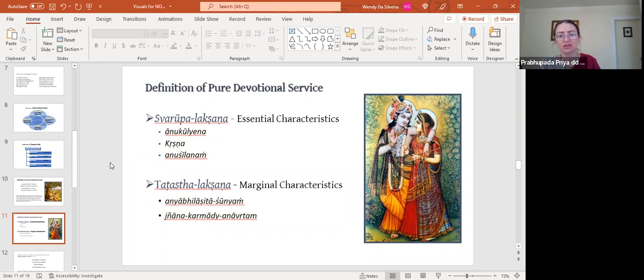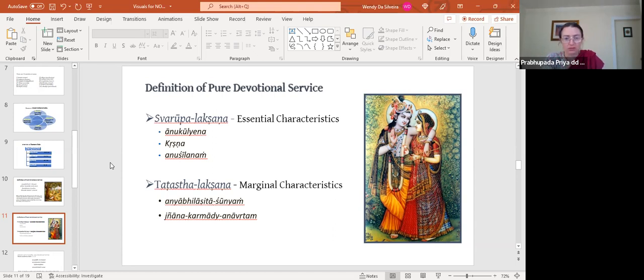And then Tatashta Lakshana defines Uttama Bhakti. So the first line is just, this is bhakti. And then the second is first class devotional service. So there's beginner's level, middle level, and advanced level. It's like anything. Uttama means advanced, Madhyam means middle, Kanishta means beginner.